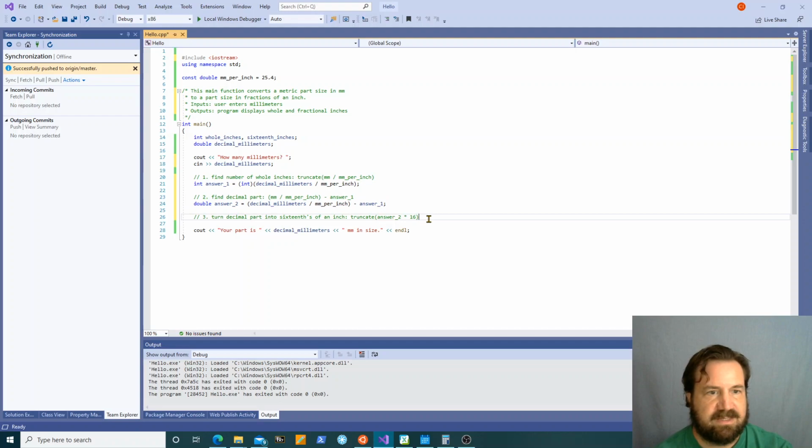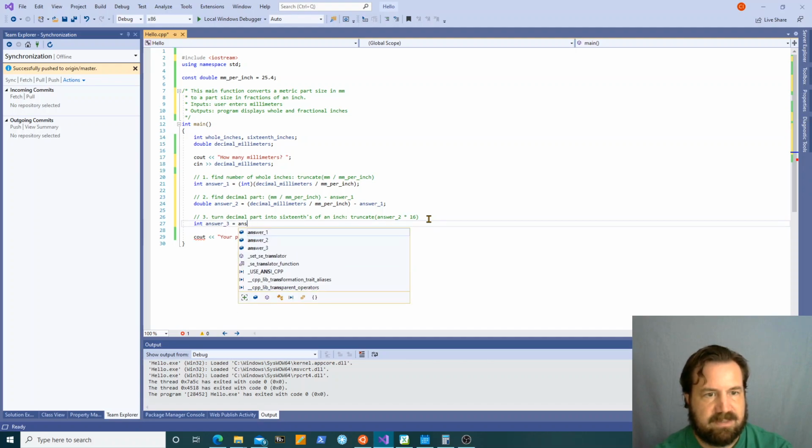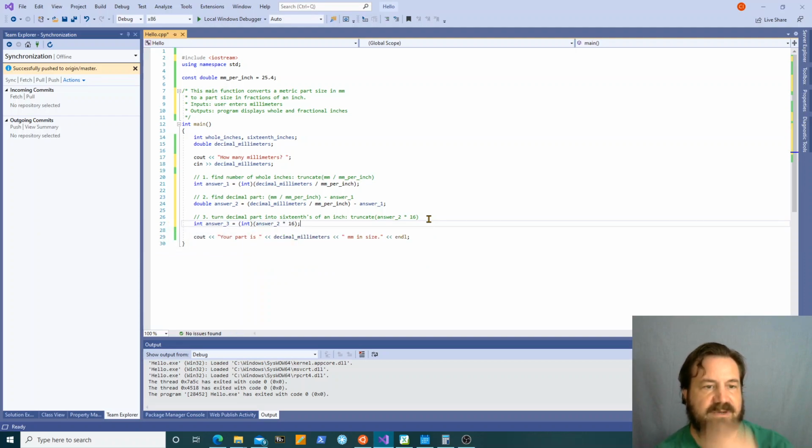Okay. And then int answer 3 equals, again, I'm going to just truncate it off as an integer of answer 2 times 16. Okay.